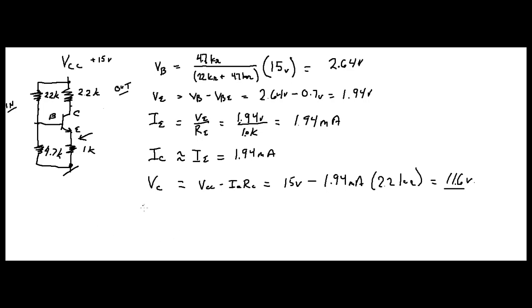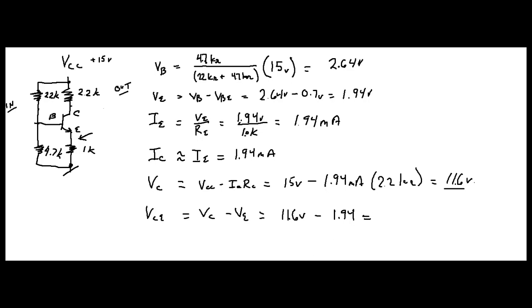And then finally, we can do VCE, can't we? That's going to equal VC minus VE, which is going to equal what? Well, it's going to equal 11.6 minus 1.94, which is going to equal, what's that going to equal? Let's get out the old calculator. I forgot to do this one.